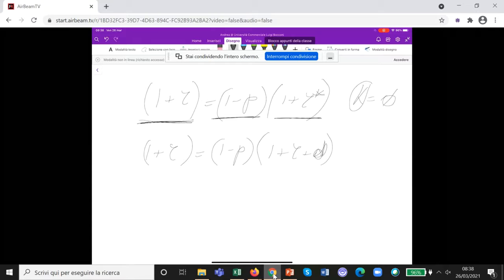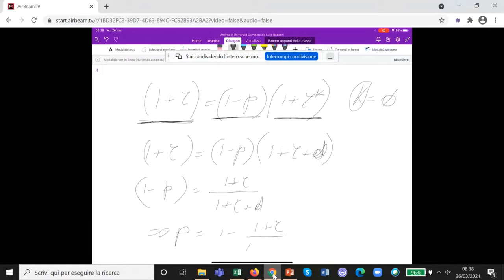So if that is the case, 1 minus P would be equal to (1 plus R) divided by (1 plus R plus D), and therefore the probability of default would be equal to 1 minus (1 plus R) divided by (1 plus R plus D), which is basically saying (1 plus R plus D minus 1 minus R) divided by (1 plus R plus D).